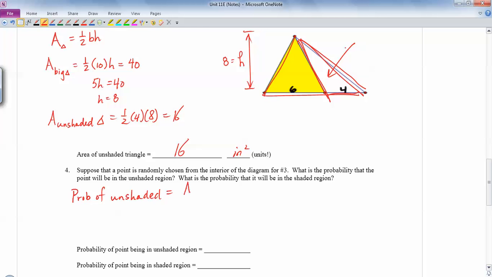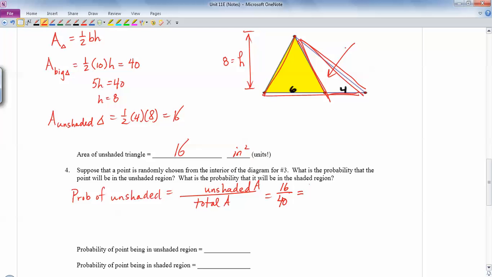Well, that's going to be the percentage that the white part takes up. So we're going to do the area of the unshaded over the total area. Unshaded area over total area. Well, the unshaded area we figured out was 16, and the total area was 40.